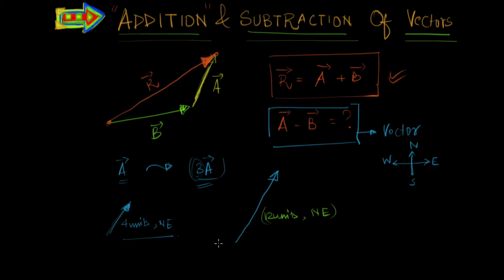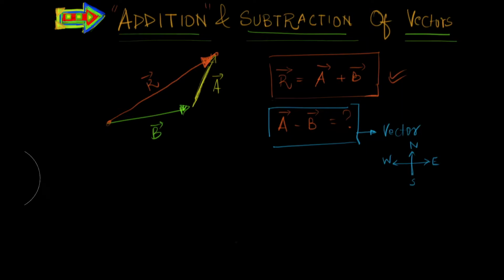And the reason that happens, this is 3A, this is A, is because 3 is a positive number. So if you multiply A or any vector by another positive number, then the direction of the vector doesn't change, just the magnitude changes. So say we had another vector like so, B, and we want to find a different vector which is 2.5B.